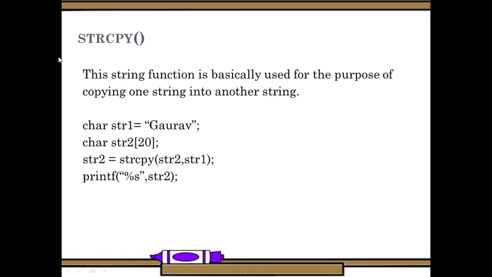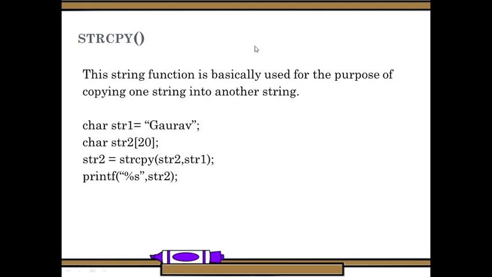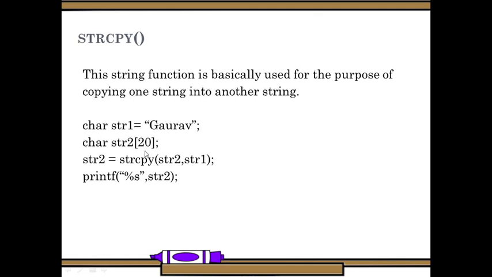The next function we have is string copy. This string function is basically used for the purpose of copying one string to another. The string elements from one string are copied to the other string. The first string is Gaurav, and the second string we have just declared. Then we copy the string 1 value to string 2.